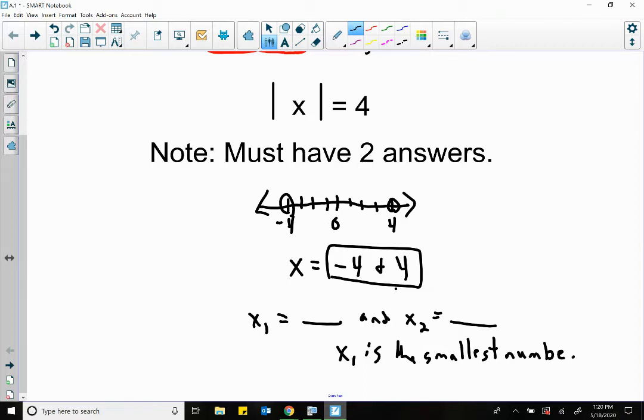So that means in the first blank, put the smaller of the two answers. If you missed the problem, go back and make sure that you got the answers in the right blank. So this first blank should be negative 4. The second blank will be the larger of the numbers. Pay attention to the fine print below your answer blocks.